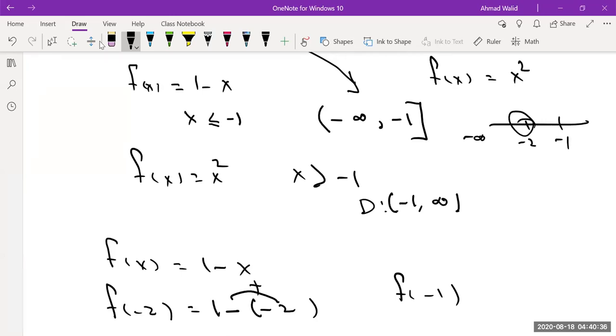In the second function, I will say no, I cannot plug it, because here I have a parenthesis. Parenthesis means that -1 is not in the domain. But here you have a bracket. Bracket means -1 is in your domain. You see here less than or equal, and here you have only greater. Correct? Then plug -1 into your first function and you can find the value of f of -1.